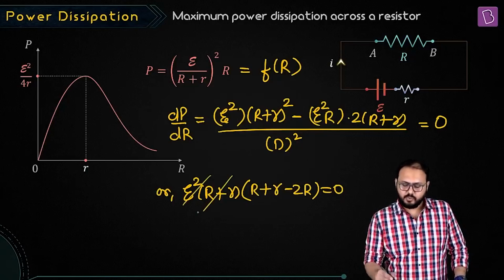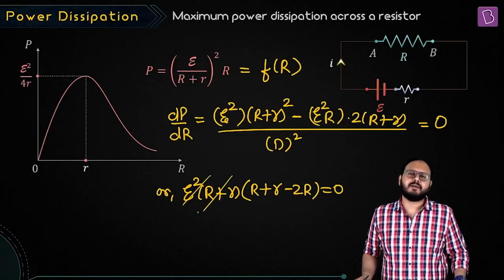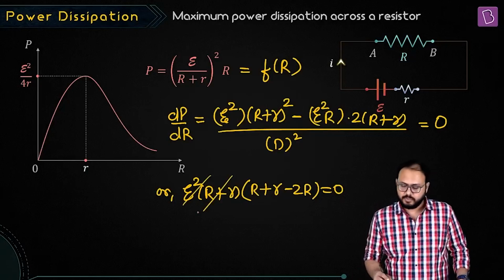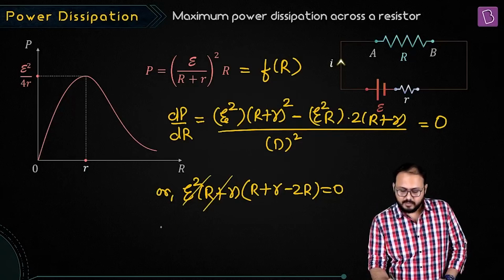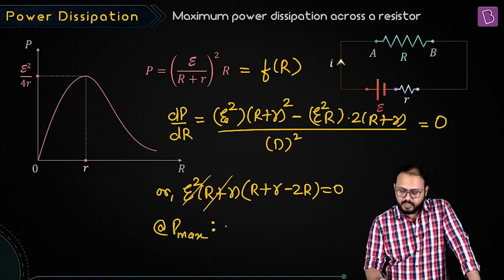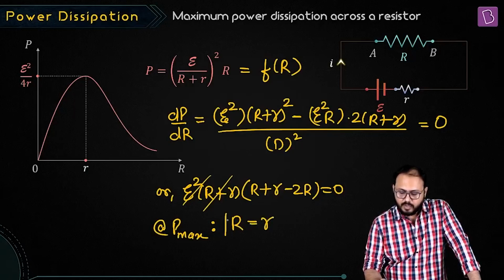Don't be naive, I'm not cancelling; I'm dividing by this number because I know it can't be 0. So at maximum power dissipation, R is equal to r.